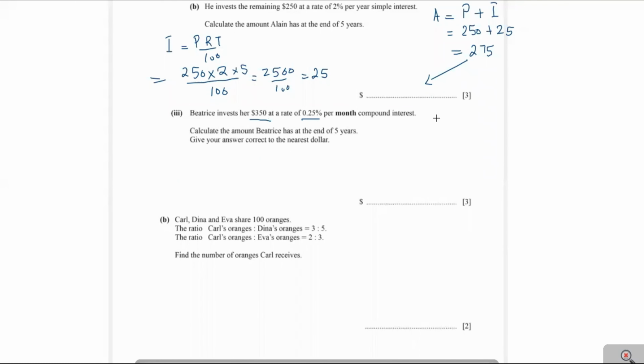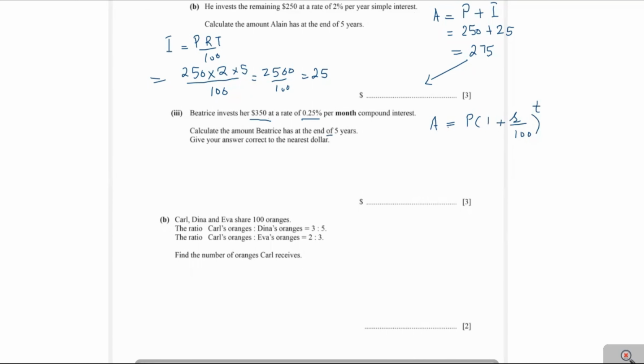The compound interest formula, you see here, this is the amount after 5 years having a compound interest, that will be equal to P into 1 plus R over 100 power T. T is the time.